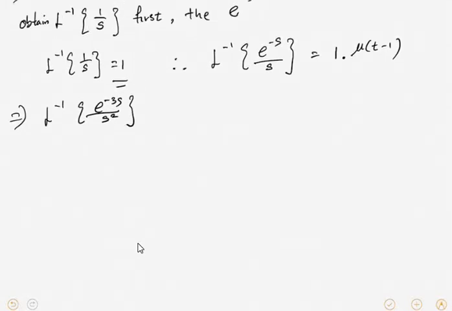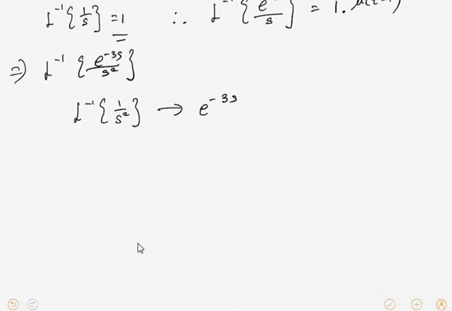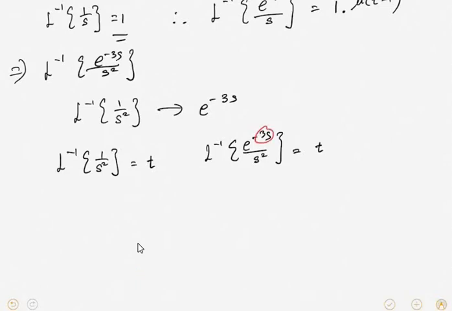Similarly, you obtain the inverse Laplace transform of 1 over s squared first, which is t, right? Then for exponent negative 3s over s squared, this is t, but with exponent negative 3s, it means it shifts by 3.